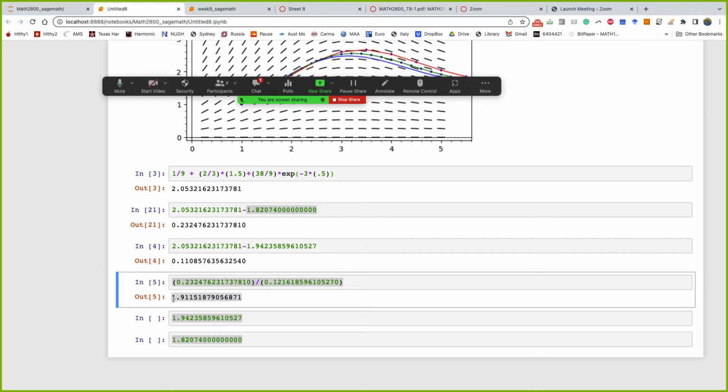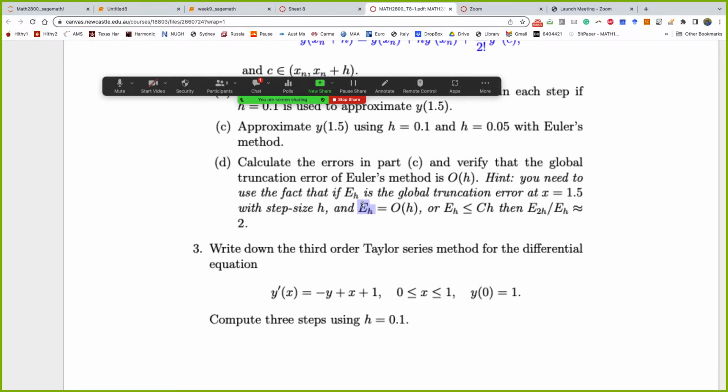I think I need to write this. Let's wait for something here. Okay, we have this now. We calculated the error for 0.1 and for 0.05. I think I am now ready to write.